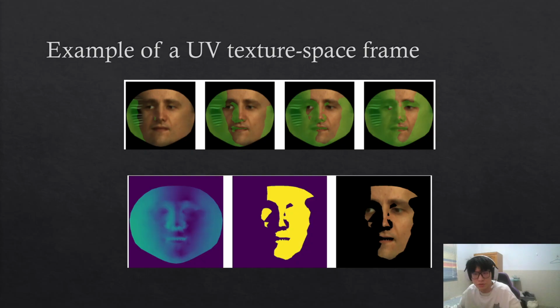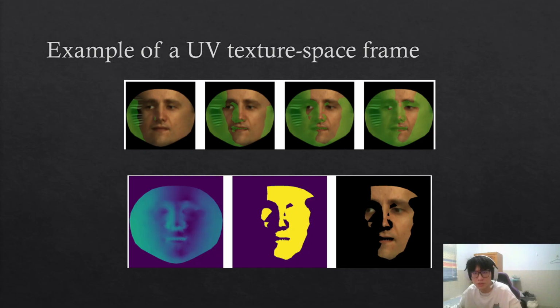The bottom row reveals the three critical stages of the UV texture mapping process. On the left, the UV angle frame is visualized in a blue-purple gradient, representing the computed angle between each point on the visual surface and the camera.